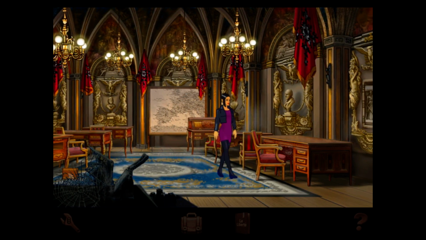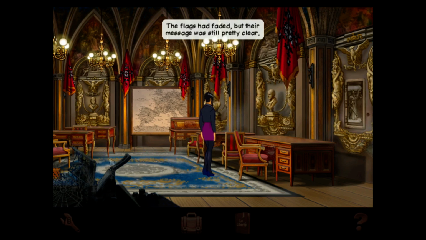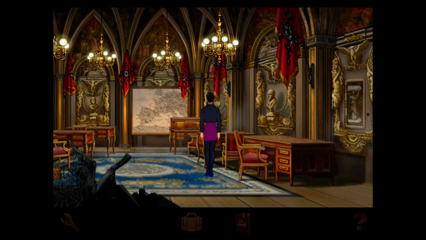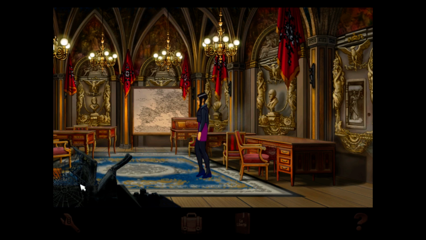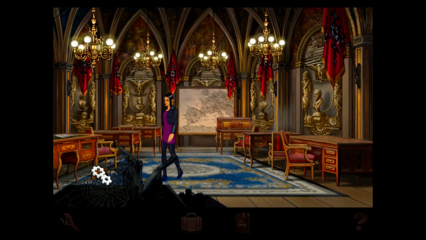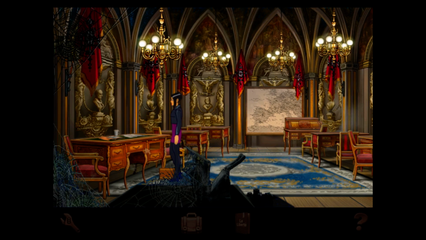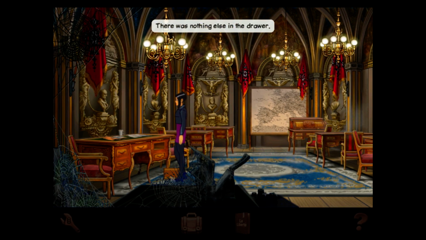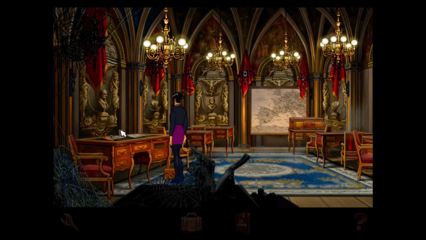And the flags? The flags had faded, but their message was still pretty clear. Fascist regalia, a message of hate. There was nothing else in the drawer. The drawer had come out easily enough, but wouldn't fit back into place.